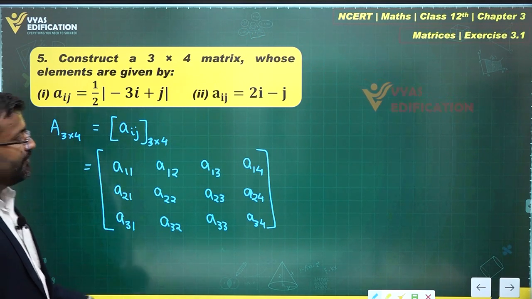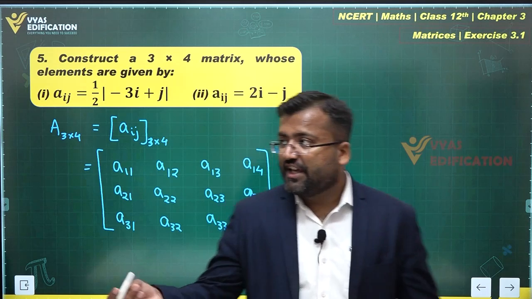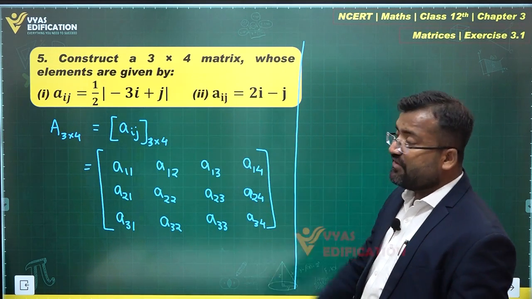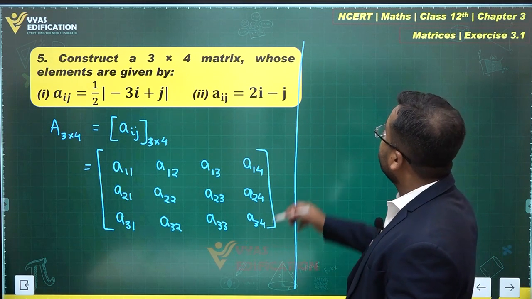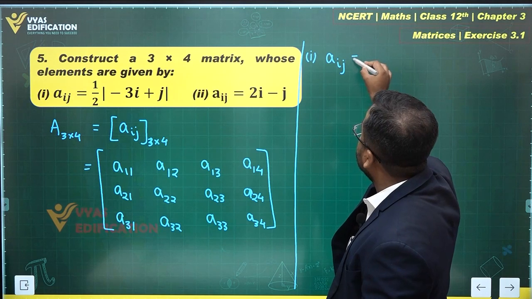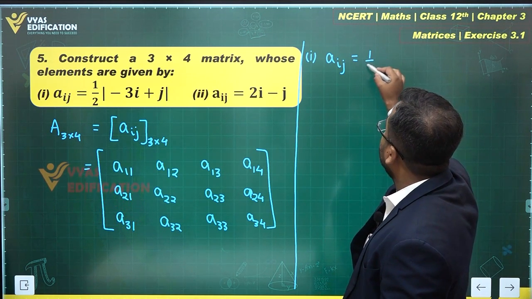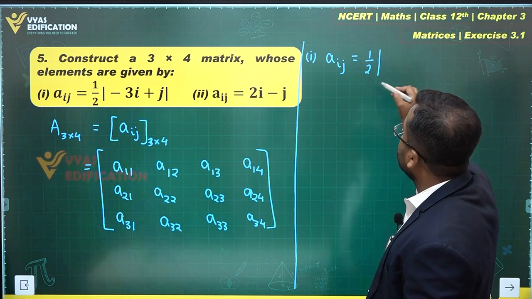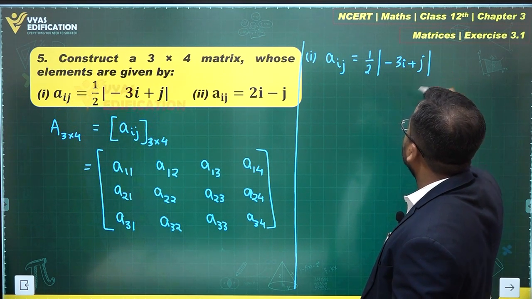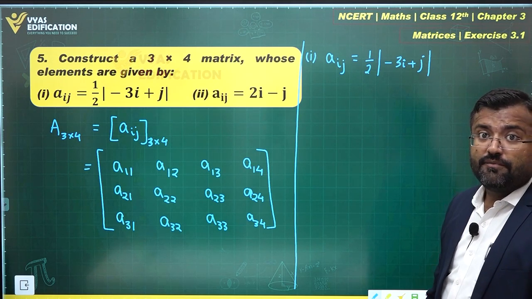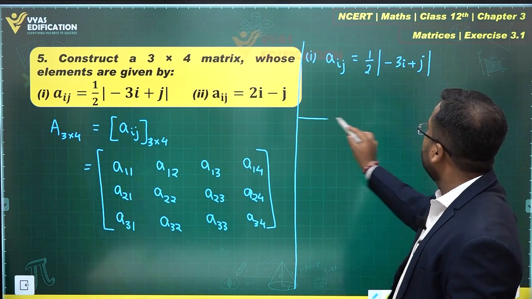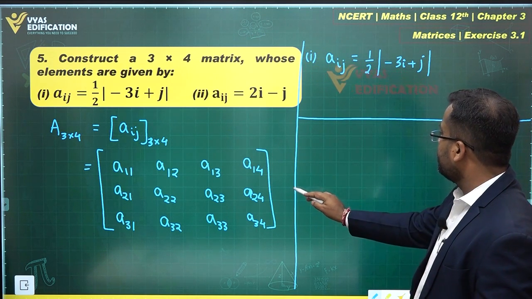What happens in case of the first part? Let's try to find each of these elements for finding the matrix as in the first part. So for first part, what do I know? I know that Aij is equal to half times modulus of minus 3i plus j. And since I'm supposed to find all of these, let's try to make a grid over here first of all.